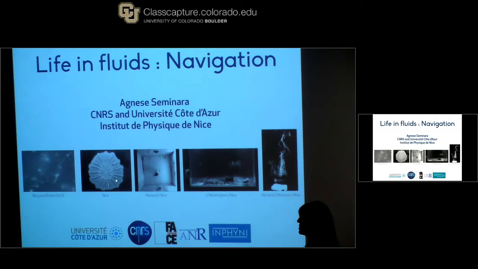Who knows what this is? What's the scale, actually? Bacterial colony. What's the scale here? Microns. Okay, that's exactly right.